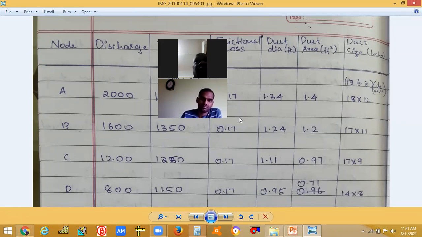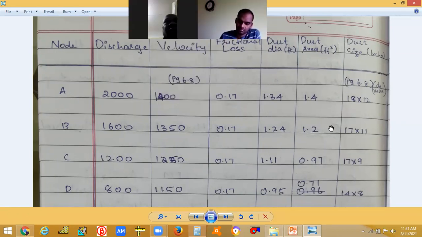So what will be the value of the second one? What is the diameter in inches for node B? What will be the answer? Just give it in the chat.